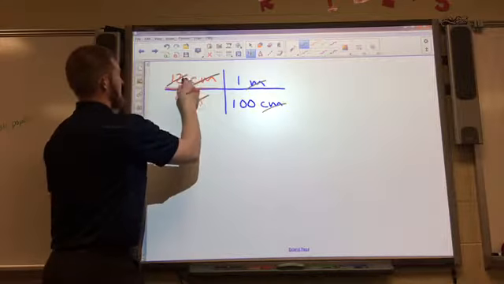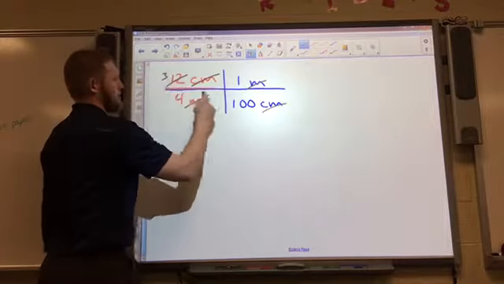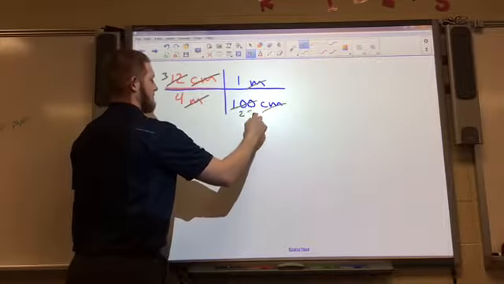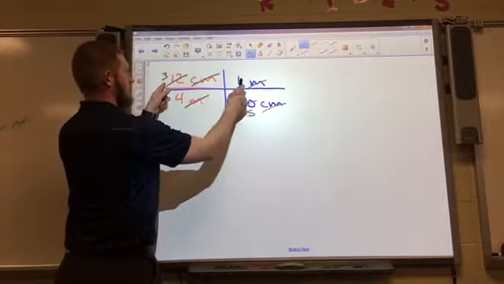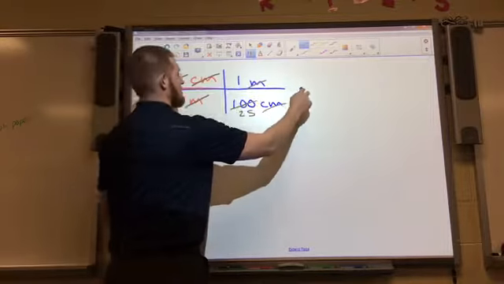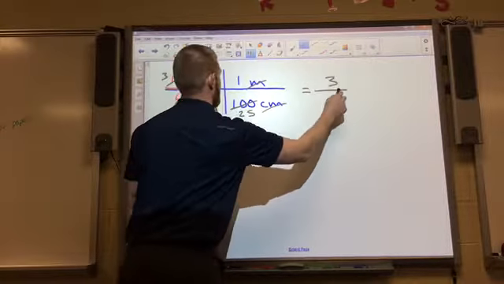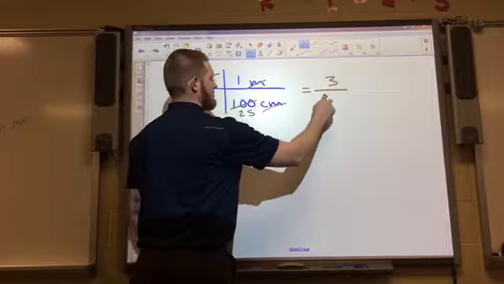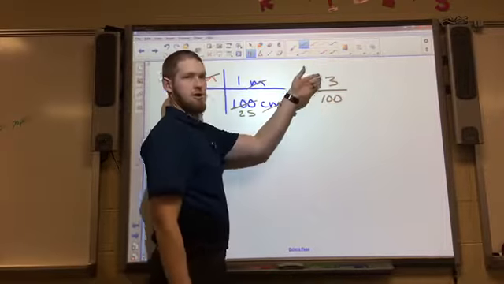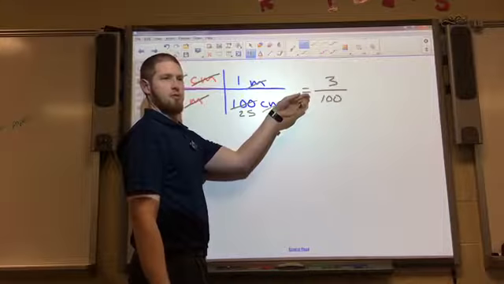When I reduce 12 by 4, you get 3, and 100 by 4 is 25. Now can I multiply? 3 times 1 is 3. 4 times 25 is 100. And I can't reduce that anymore, can I? So what's my reduced ratio?